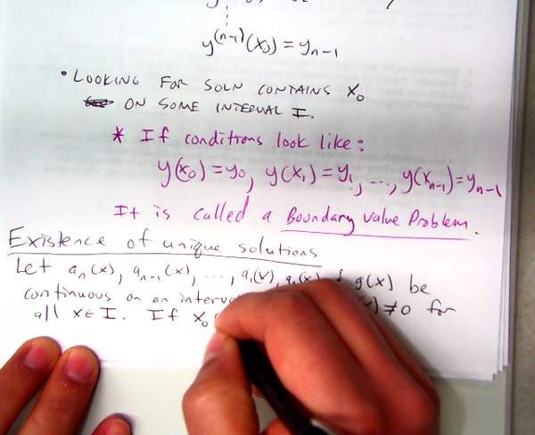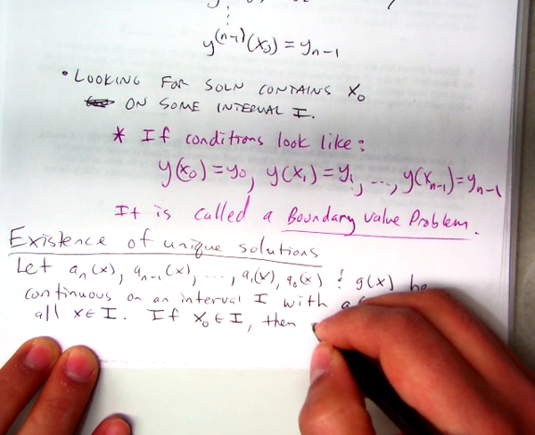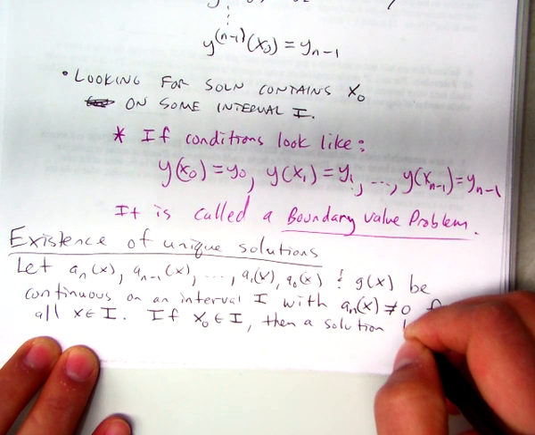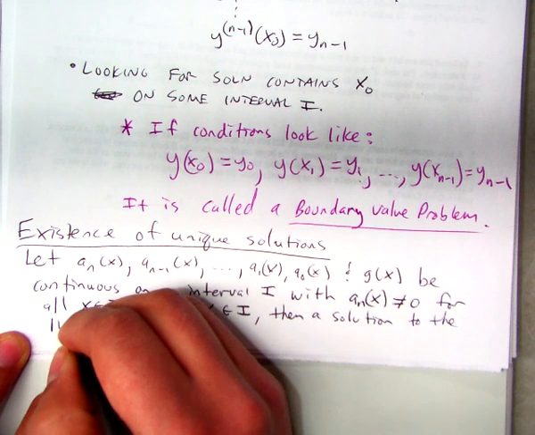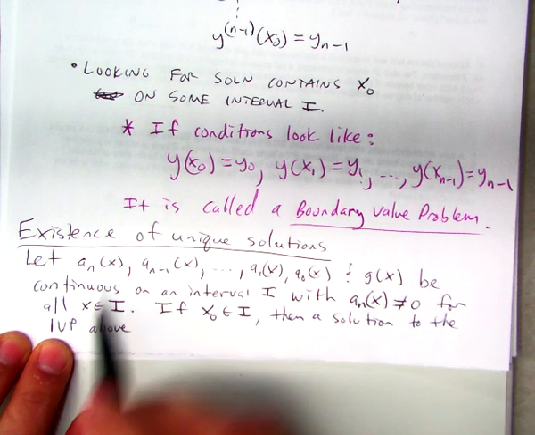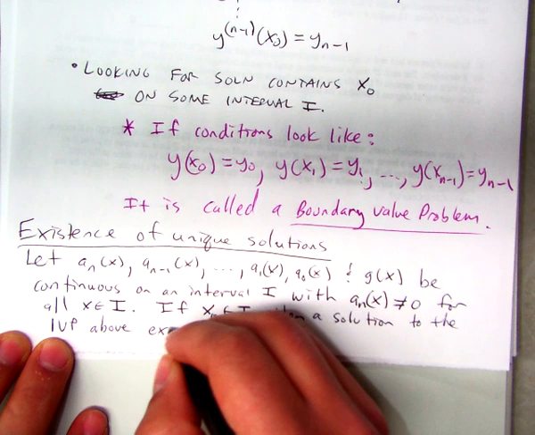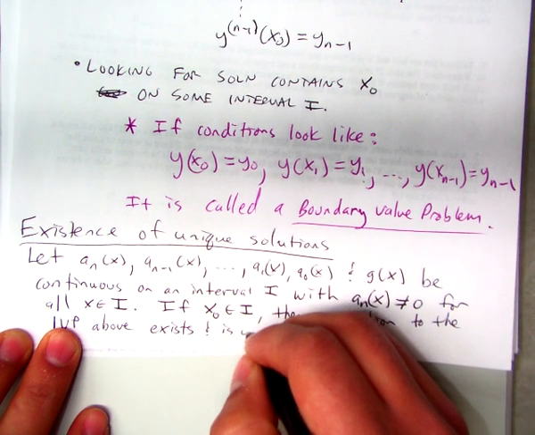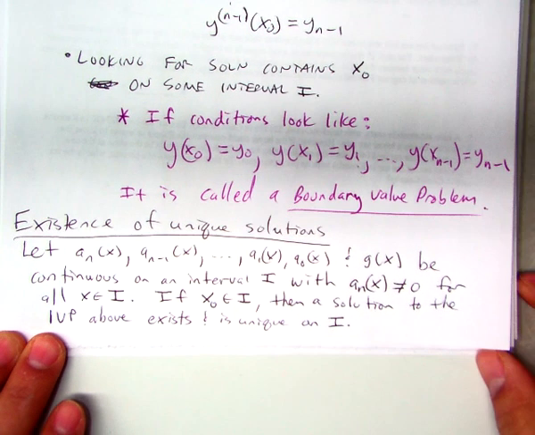If we have an initial value in the interval then a solution to the IVP, I'll just say above. So we're talking about the IVP that we listed right at the beginning, will exist. So it exists and is unique on that interval.